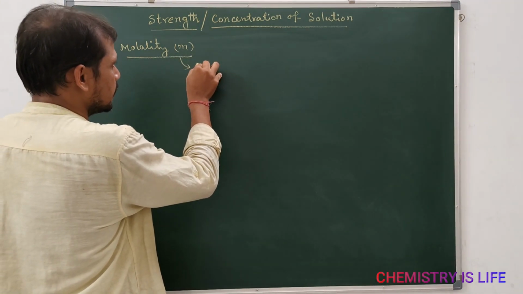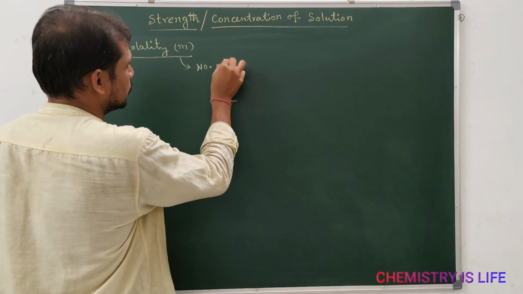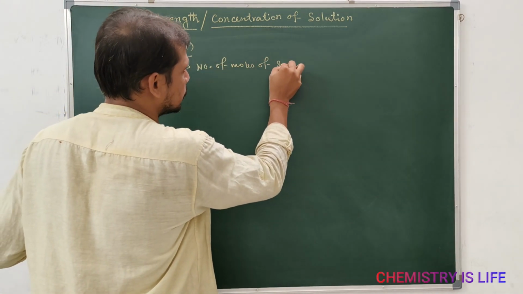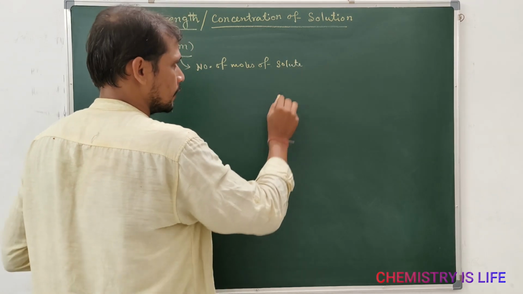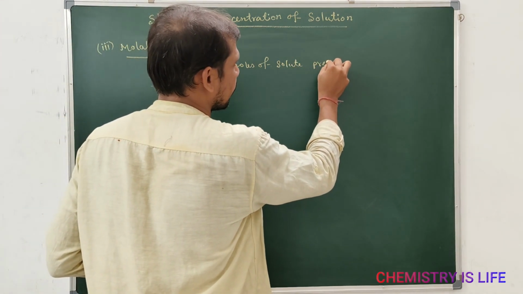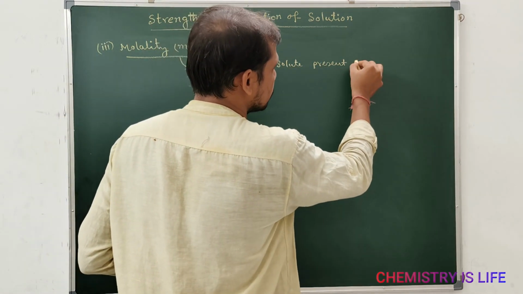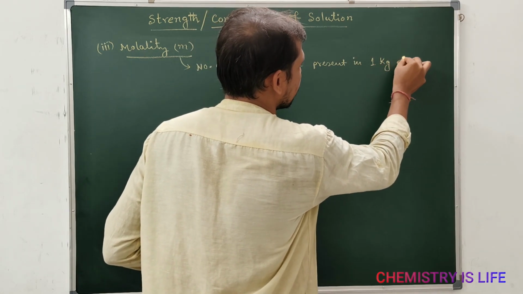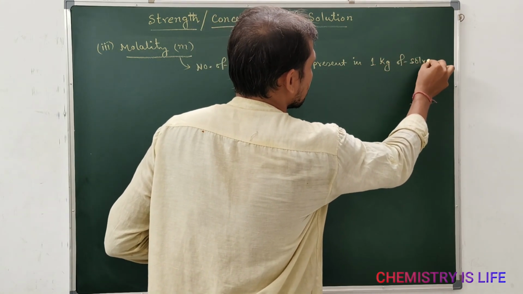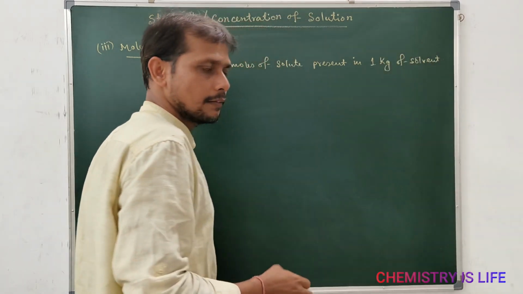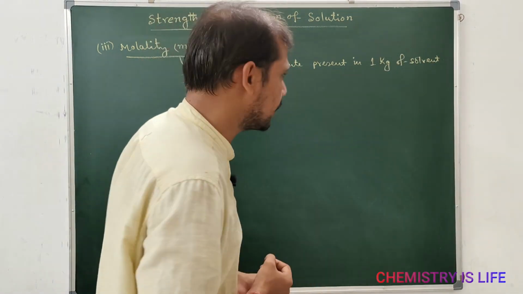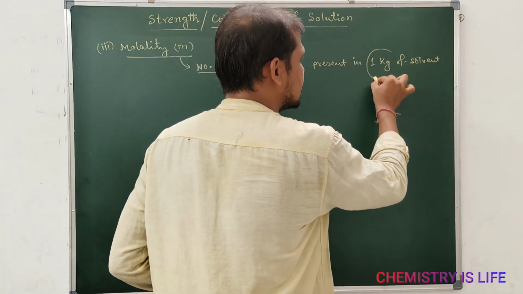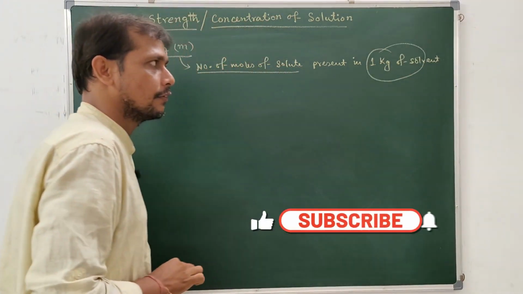Molality is the number of moles of solute present or dissolved in 1 kg of solvent. That is, in aqueous solution the solvent is water. So number of moles of solute in 1 kg of solvent.